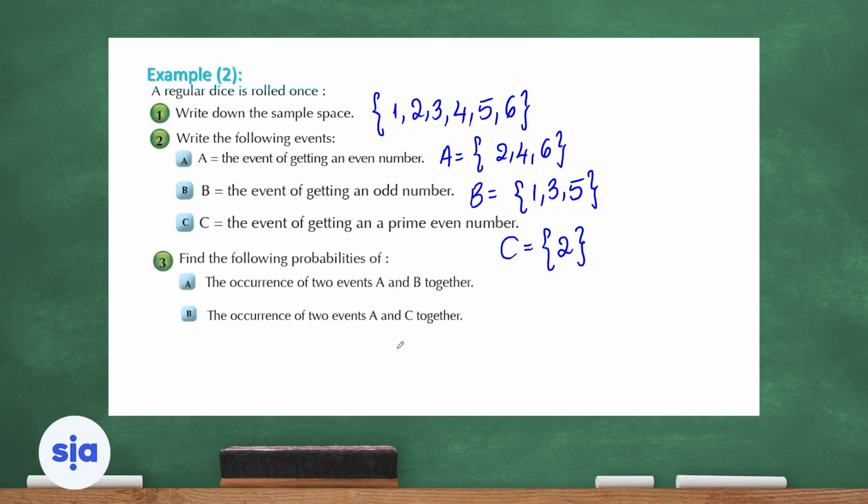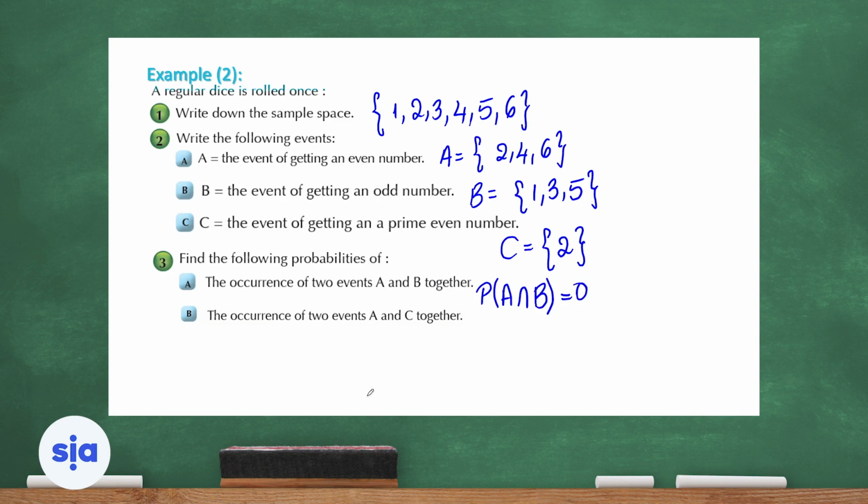Continuing on this, find the probabilities of the occurrence of the two events A and B together. A, 2, 4, 6, B, 1, 3, 5. So, as you can see that they will not occur together because the even numbers and odd numbers. So here, in this case, the probability of A intersect B is 0.